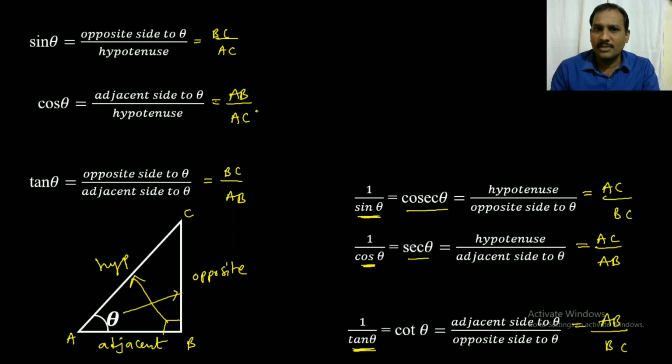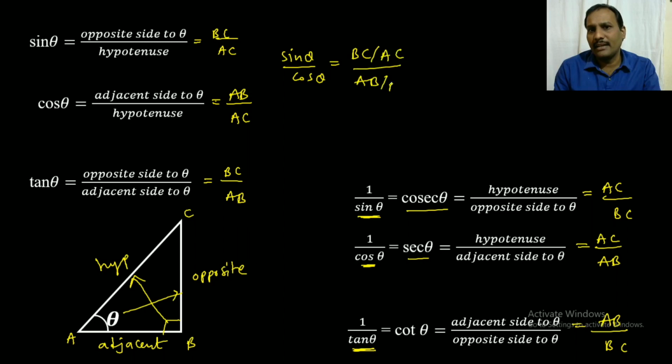And here if you observe one thing, if you take sine theta by cos theta, that is BC by AC and AB by AC. AC gets cancelled and that is equal to BC by AB, which is equal to tan theta.